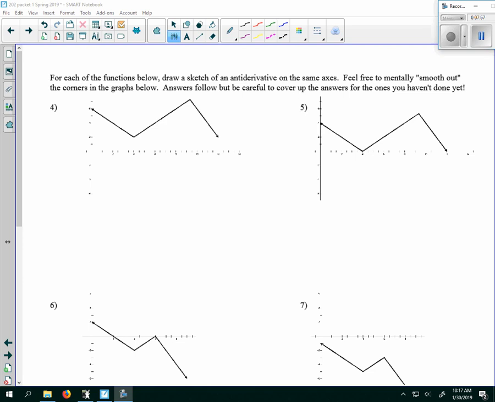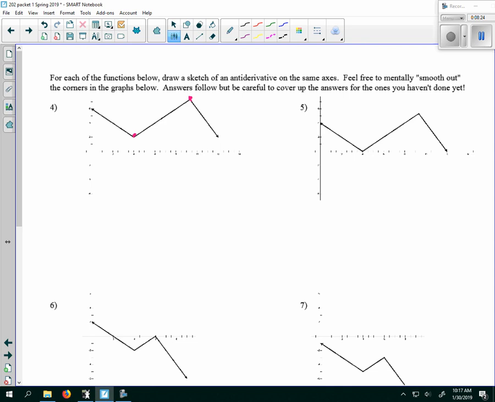Okay, so let's see. This function is a derivative function, and it is entirely above the x-axis. So the derivative is always positive. And when a derivative is positive, that means the function is increasing. The function itself is increasing. And maxes and mins on a derivative correspond to changes in concavity of the original function.